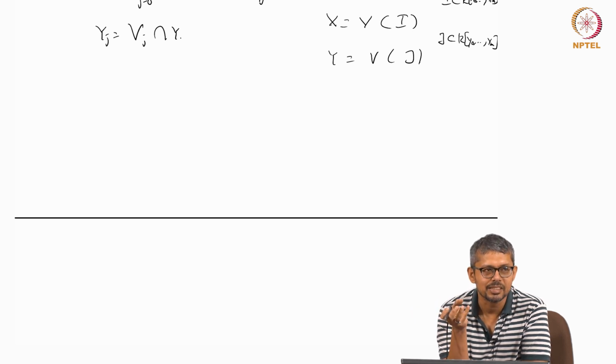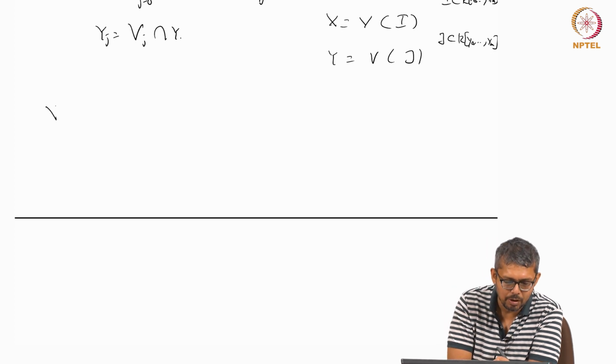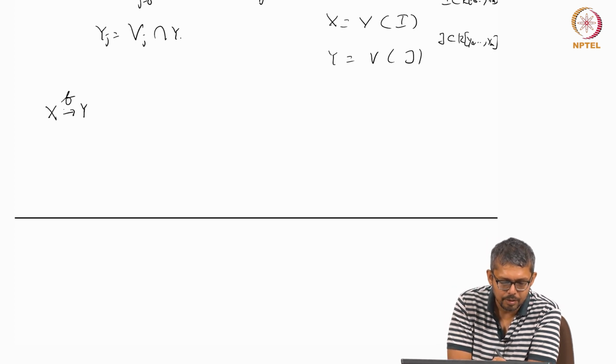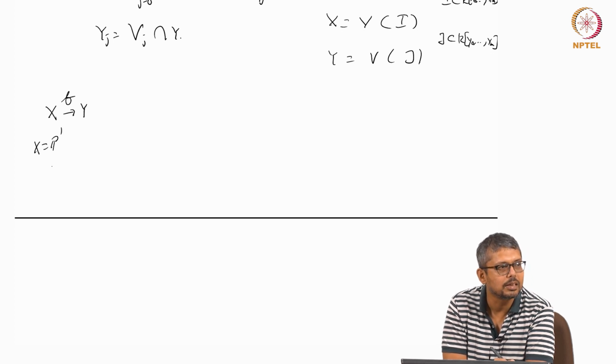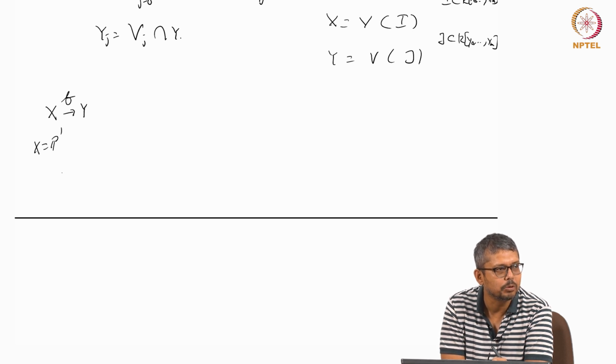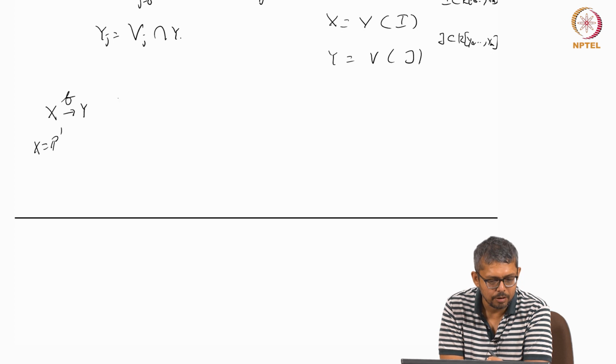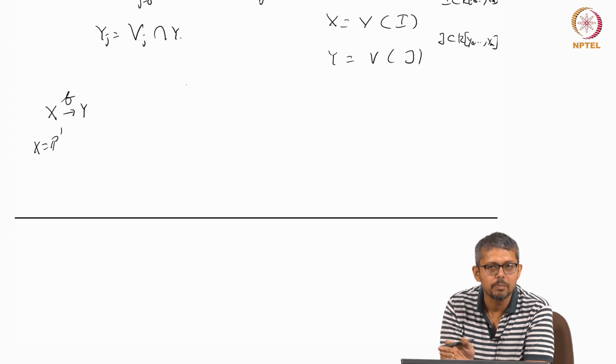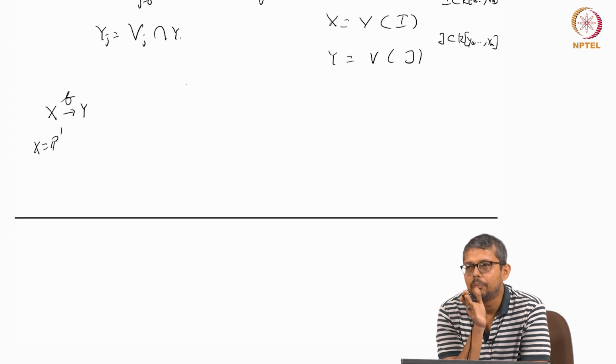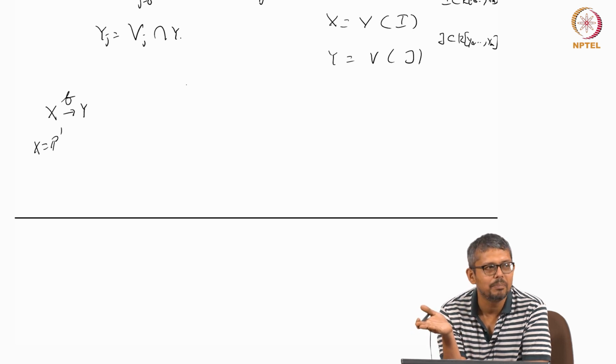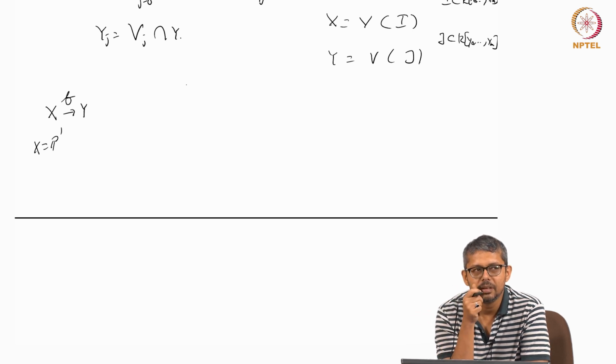This is the simplest case, when X is P1, the simplest projective curve, and Y is any projective variety. Are there any non-constant maps from P1 to Y? We want to know that.